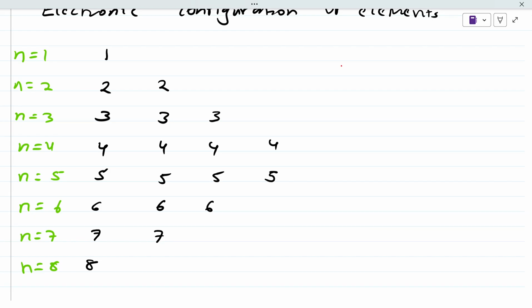Now we said very well that the first shell has a capacity of 2 electrons, and that subshell is always called the s. So our first column is going to be the s.